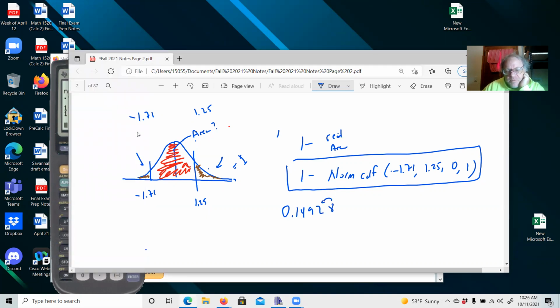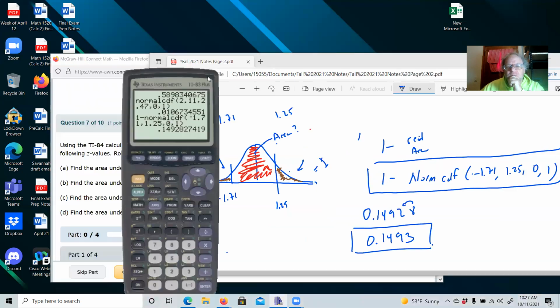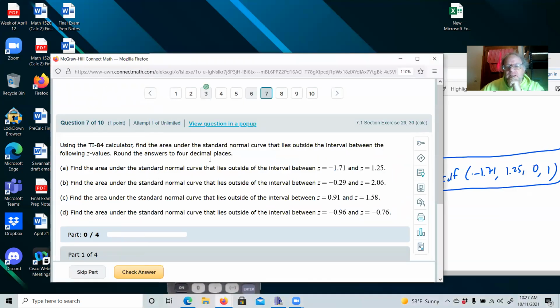We're going to round to 4 decimal places, so we're going to say 0.1493. Okay, and that's going to be our value here. Okay. All right. Do we need to do another one? I think we're okay.